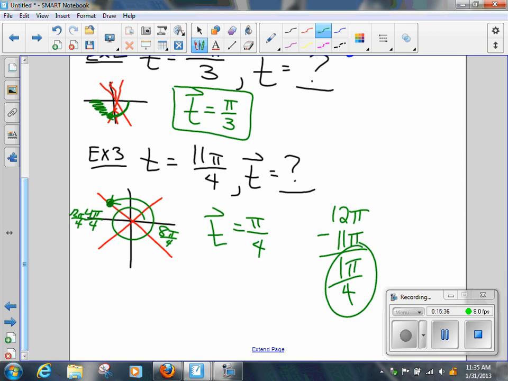Questions? You would go to the nearest number that's on the x-axis. Okay? I can't do that without drawing it. Questions on this one? How many of you had pi over 4 one more time? Okay? Here we go. Here's another one.